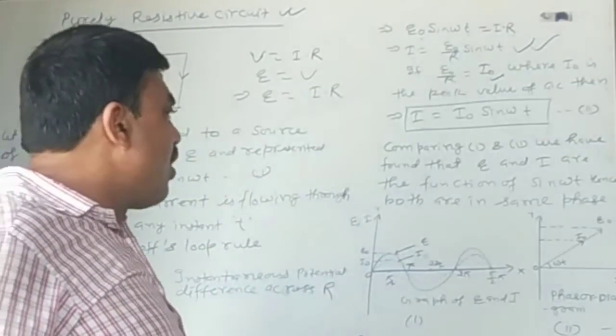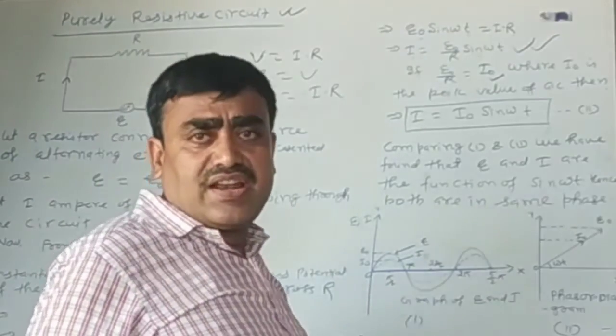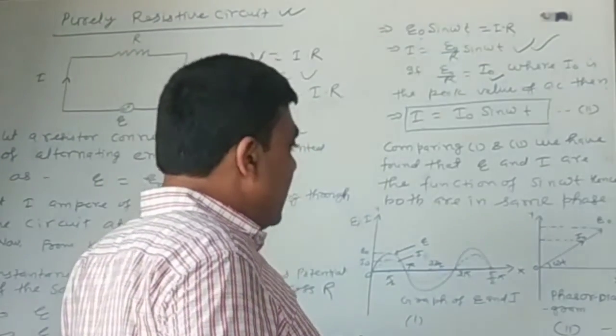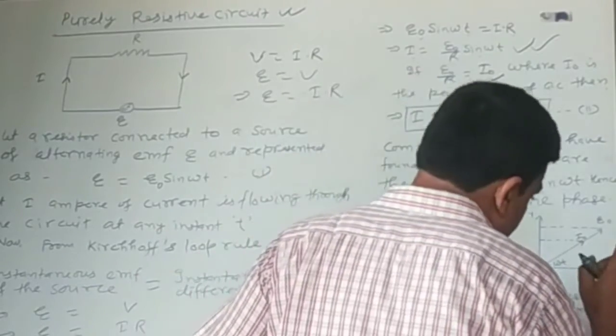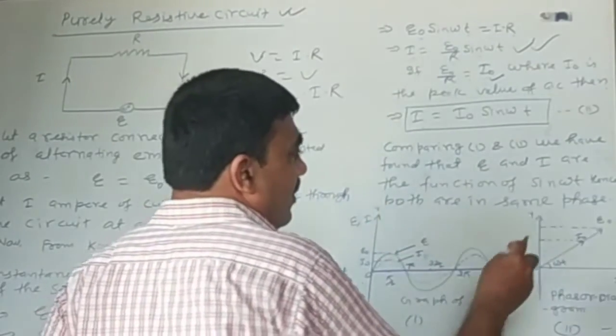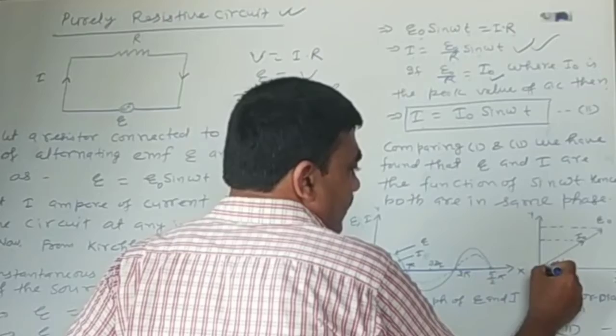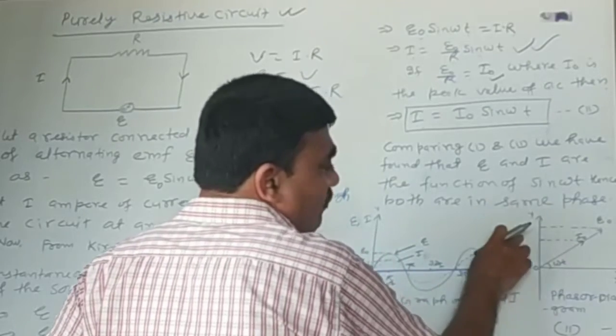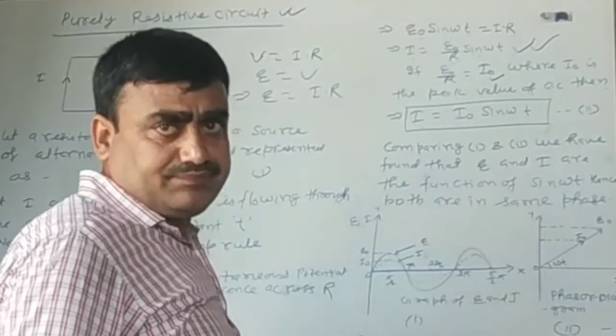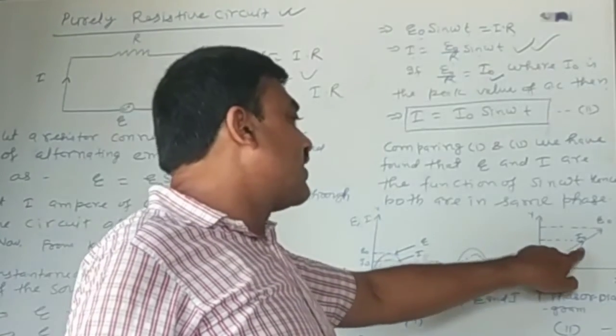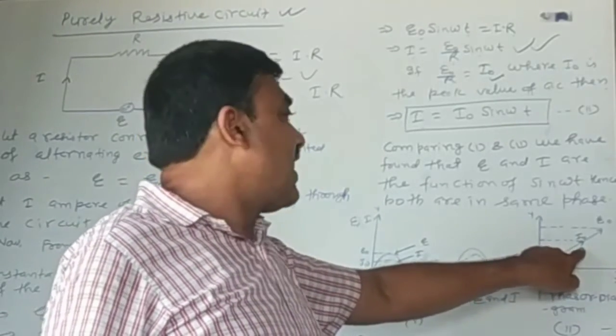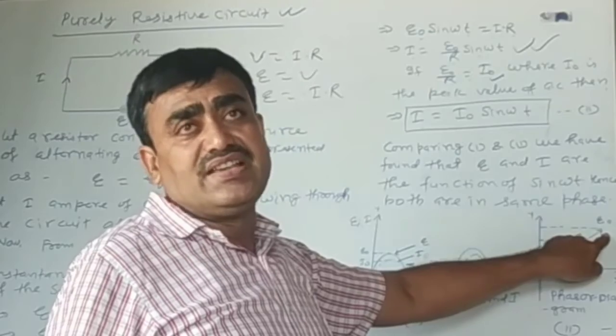When we draw a phasor diagram, this is the x-axis, this is the y-axis. I naught is presented here and E naught is presented here.